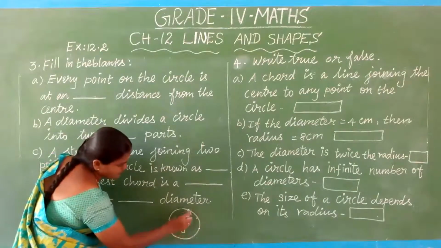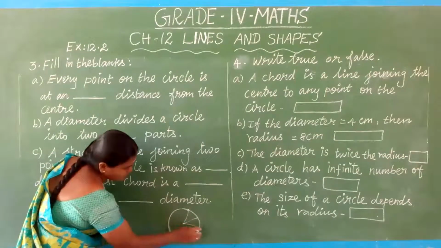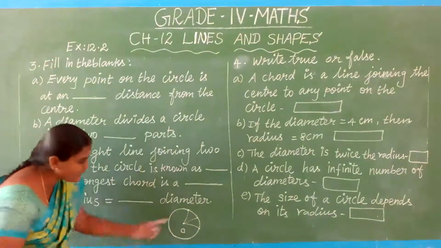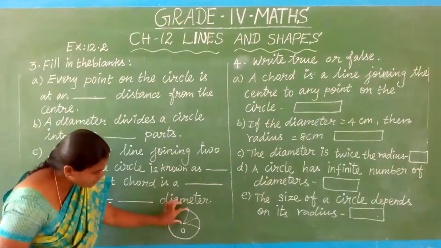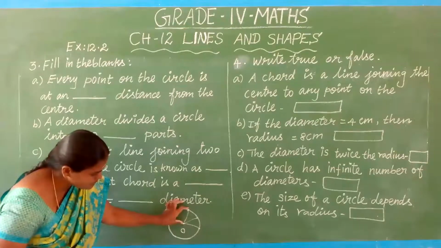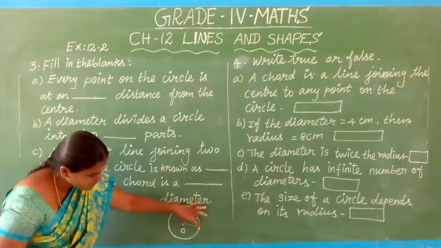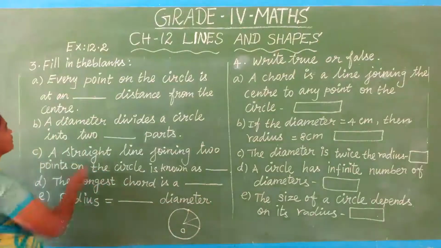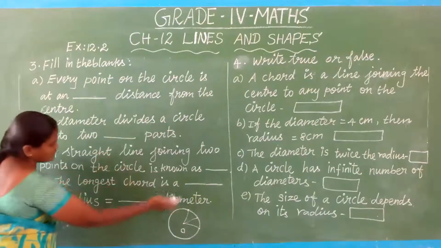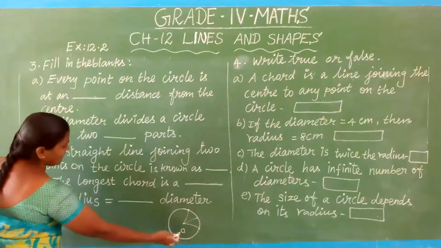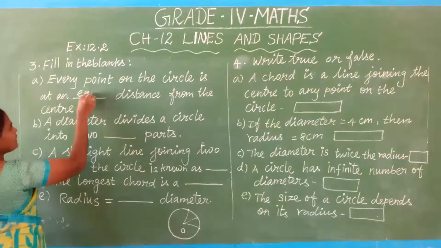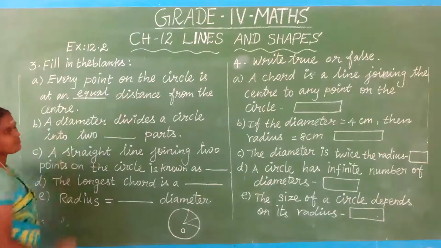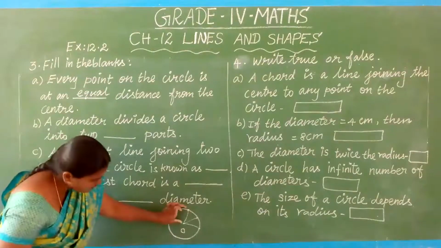So all of these are at equal distance. For example, this one is 5 centimeter, this is also 5 centimeter, this one also 5 centimeter. So every point on the circle is at an equal distance from the center. That is called radius.